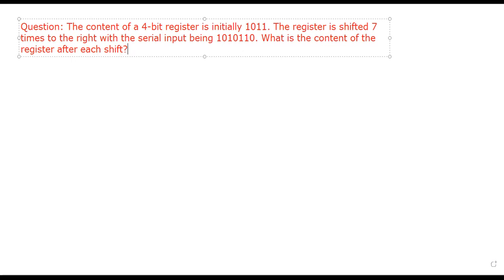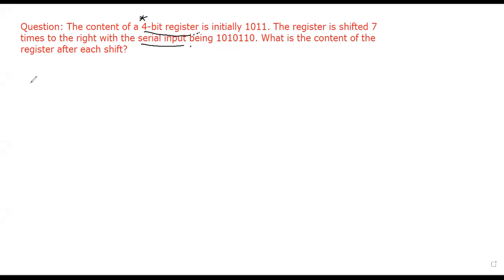You can see here a few important points that we have to consider. The first one is this 4-bit register, and then we have this serial input.